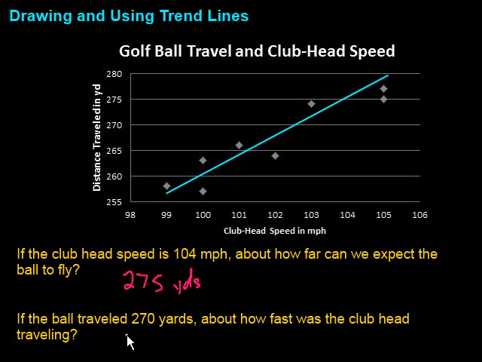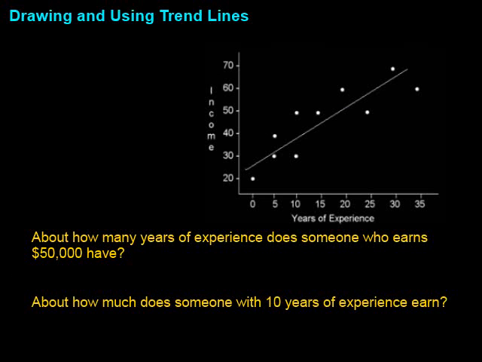So it appears that the club head speed must have been about 102.5, we'll say. So 102.5 miles per hour. Okay, so based on that trend line, we can make some predictions and know maybe a little bit more about what's happening. So let's take a look at another scatter plot here along with another trend line, see if we can't pick out some more information.